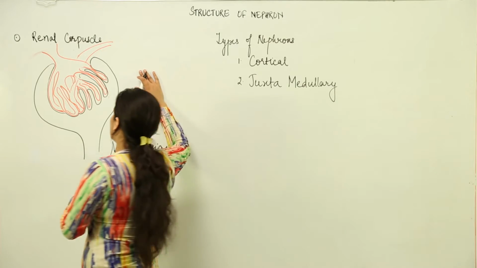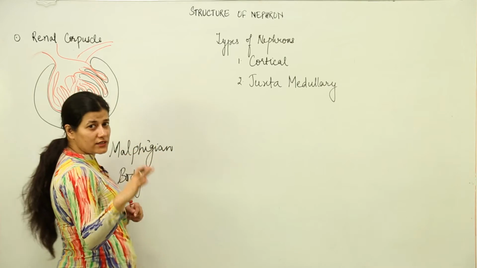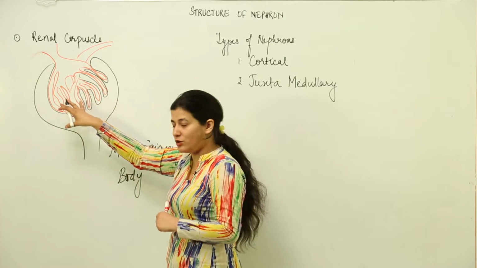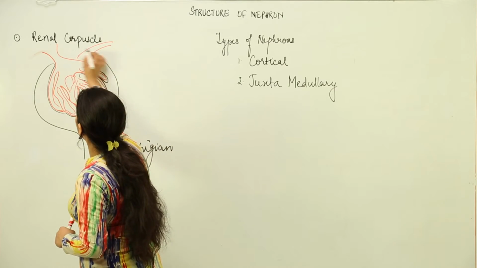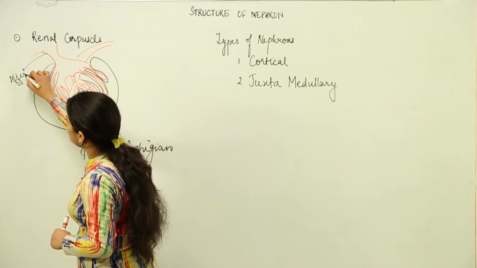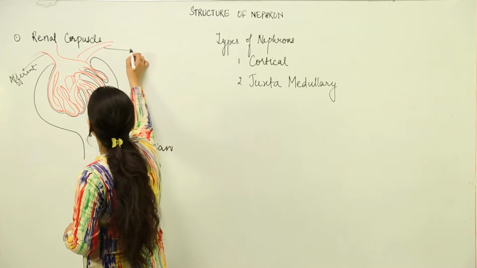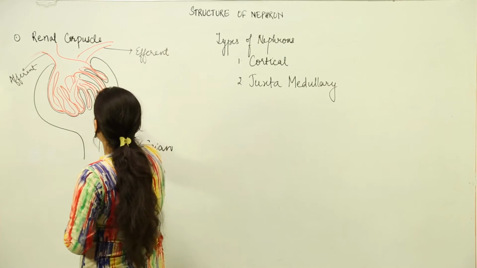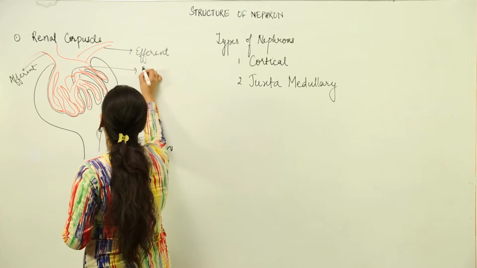Now what you have to pay attention over here is, because we have studied the structure of nephron, we know that this is glomerulus, the tuft of capillaries. This is the afferent and efferent arteriole. So this happens to be afferent arteriole and this is efferent. Alright, this entire part is glomerulus.